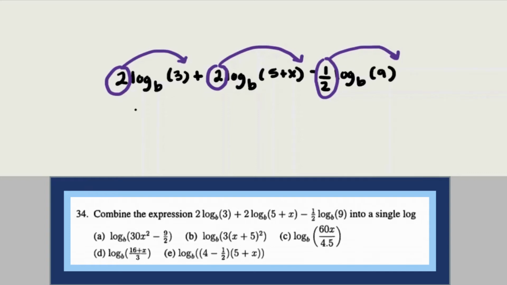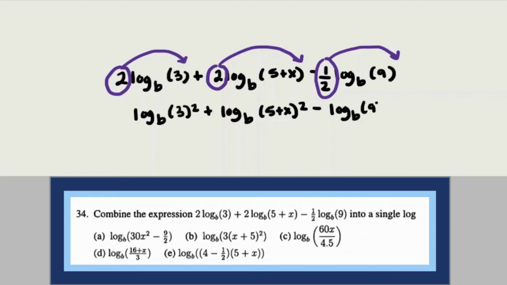So when we write that, that will become log base b of 3 squared, plus log base b of 5 plus x squared, and then minus log base b of 9 to the 1/2.